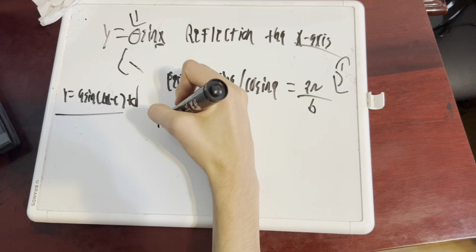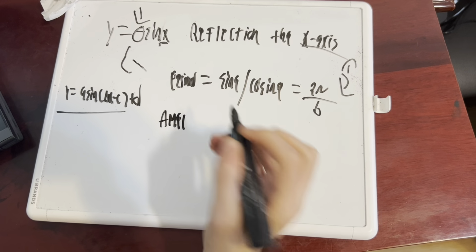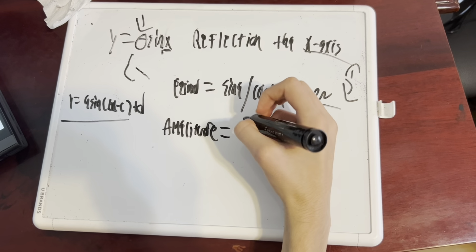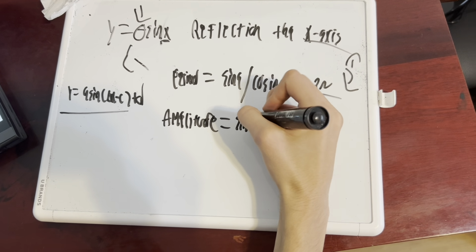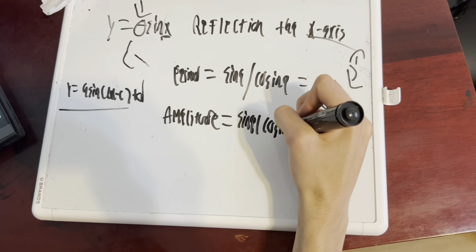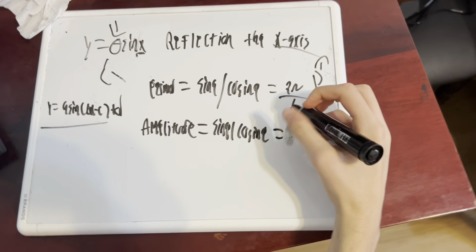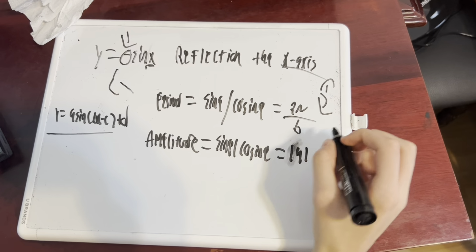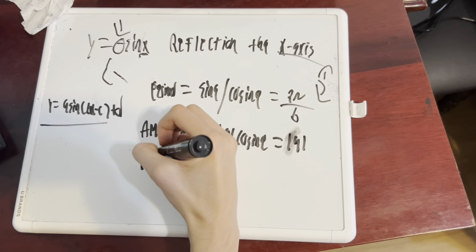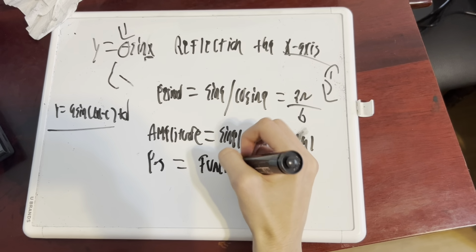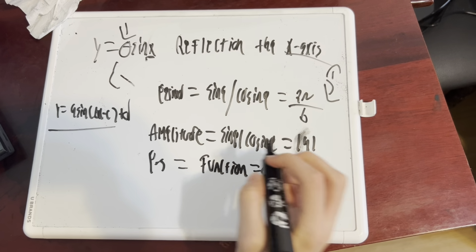Remember, amplitude for sine and cosine again, because remember, for tangent we don't have one, is going to always be equal to the absolute value of a. And then our phase shift will always have your function equal to 0, because that's the endpoint for sine and cosine again.